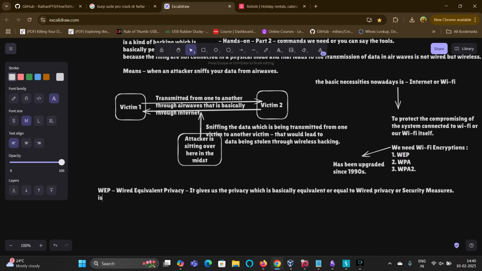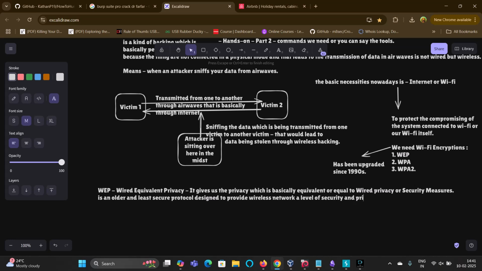So WEP is an older and least secure protocol designed to provide a wireless network a level of security and privacy.